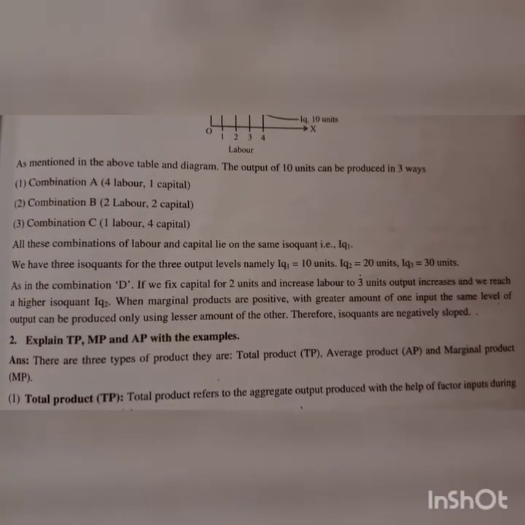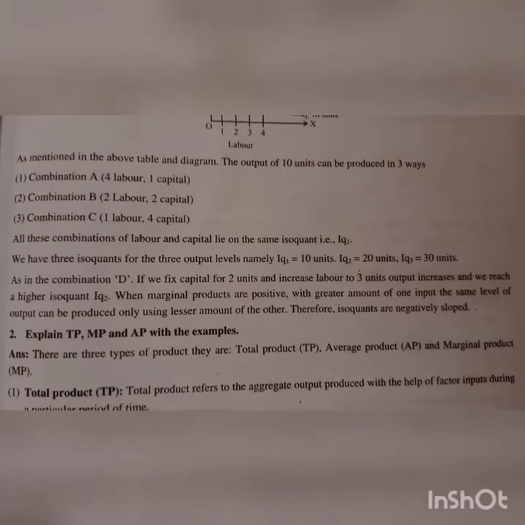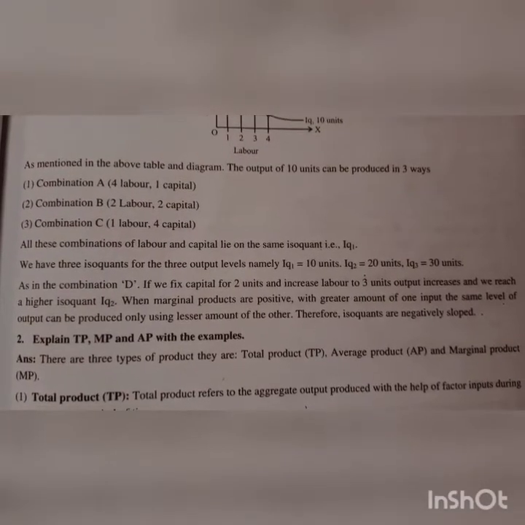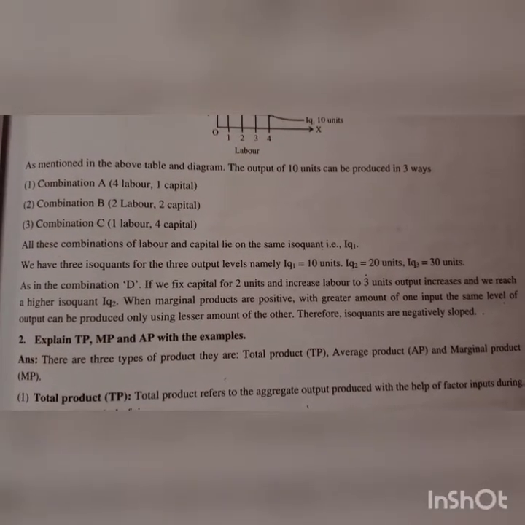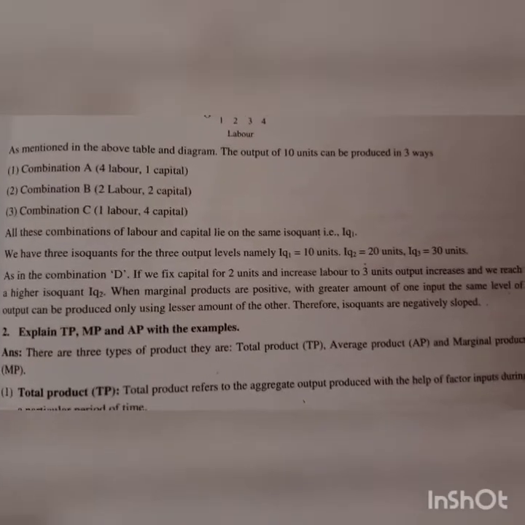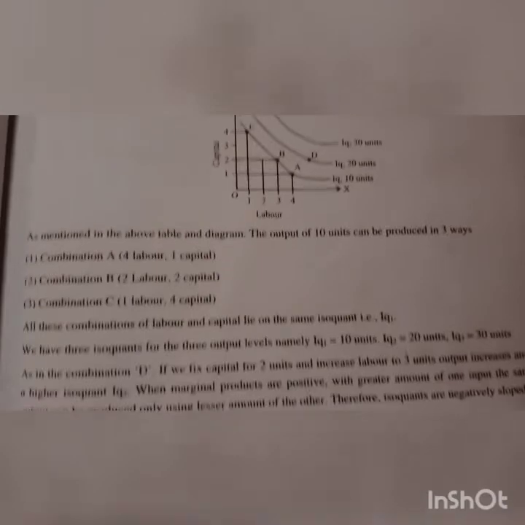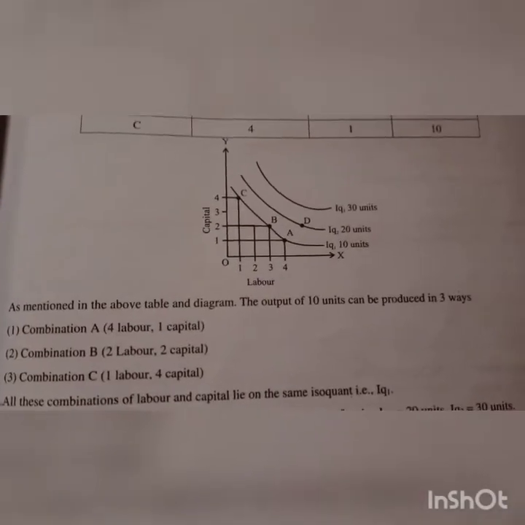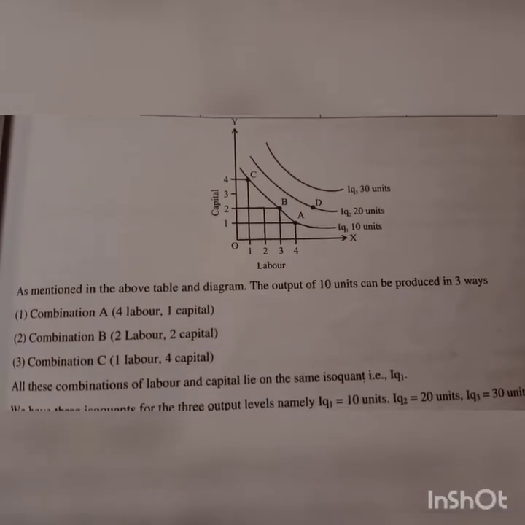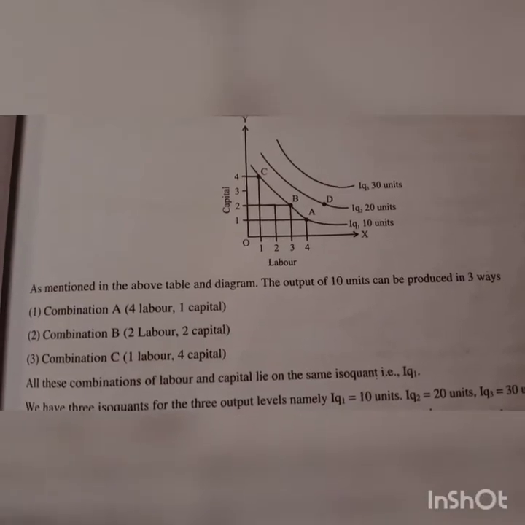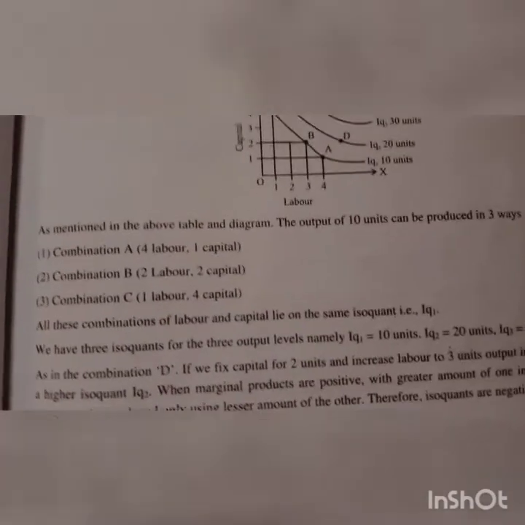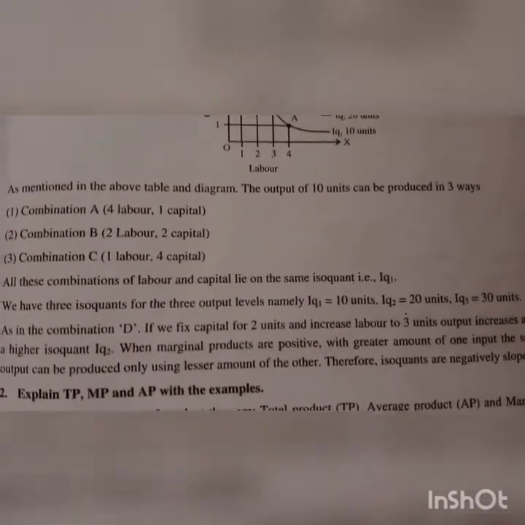So from that we can achieve the same level of output with a lesser amount of the other input. Therefore isoquants are negatively sloped. As we can see in the diagram, they slope downward from left to right, right?